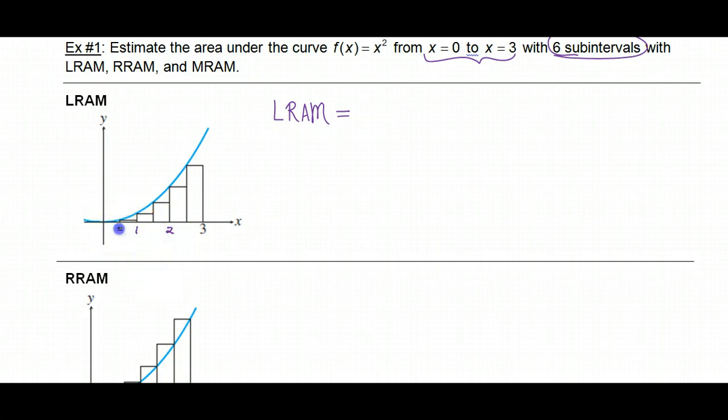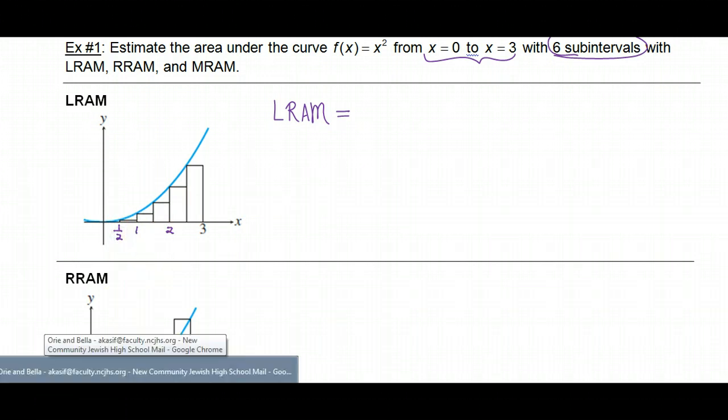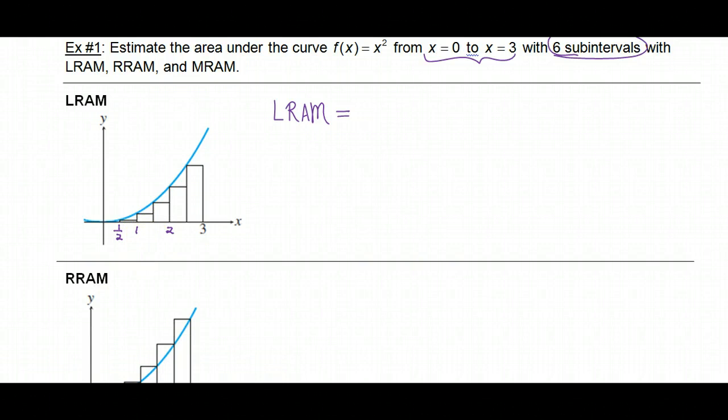I'm just labeling the subintervals. What's right in between 1 and 2? 1.5, or 3 halves. I'm just showing you that this will be 5 halves.